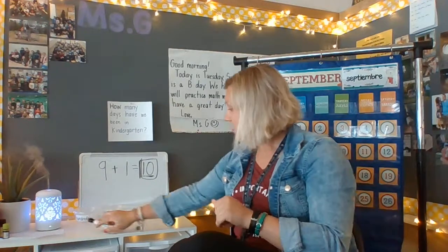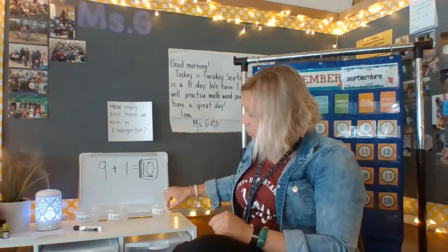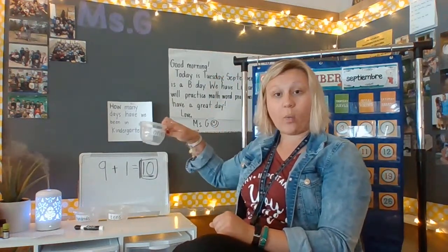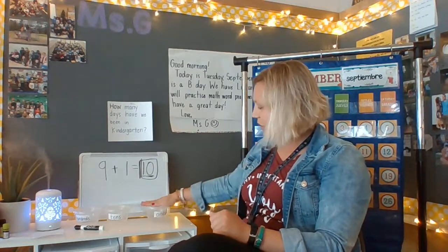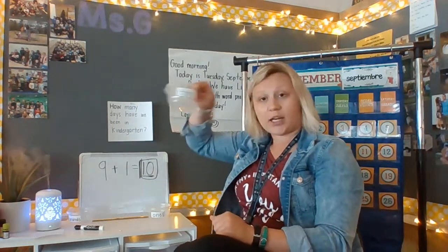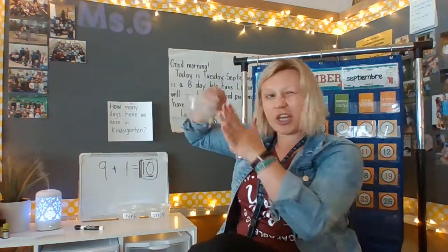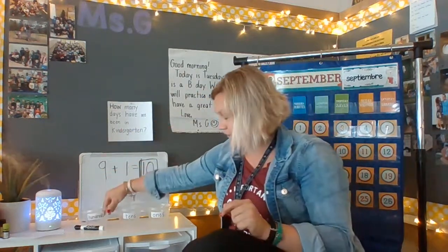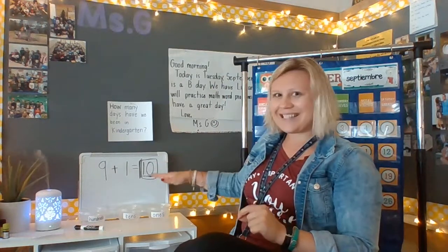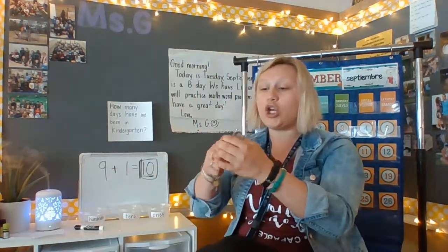So just like up here, we have these cups. So we have our ones, that would be where the 0 is, our tens, which is where the 1 would be, and then eventually our hundreds. We're not going to worry about that for now. So since we have 10 ones, that means we get to make a new group.